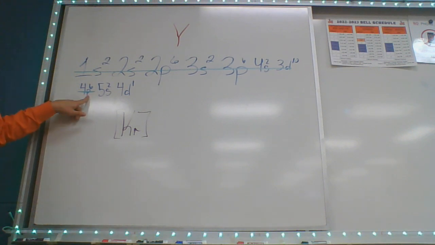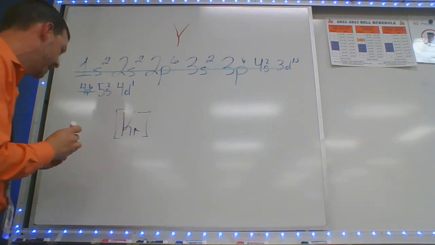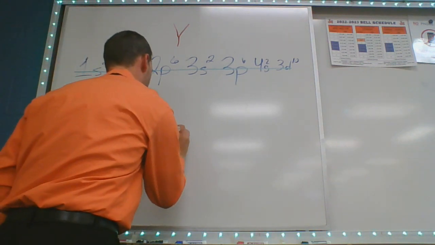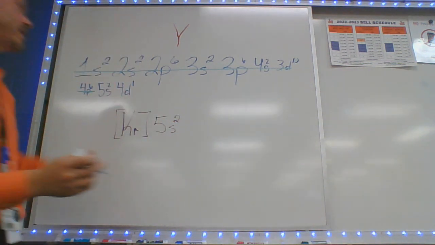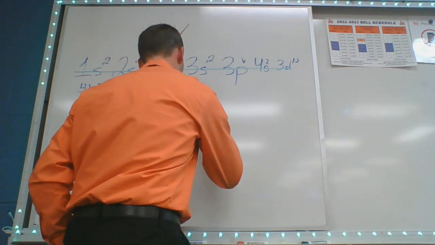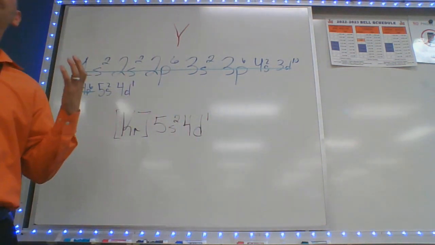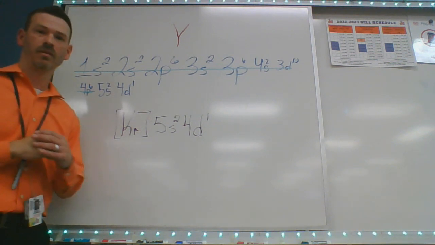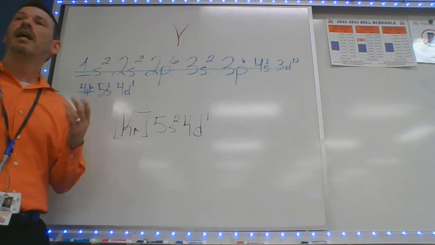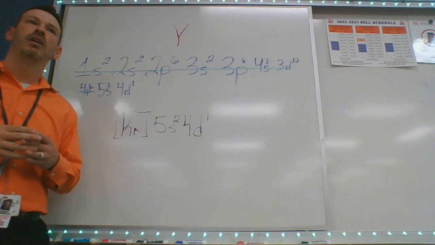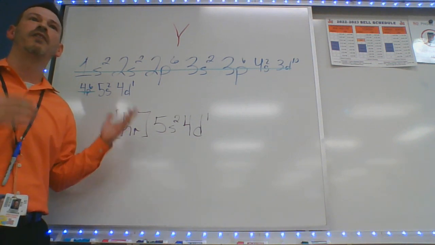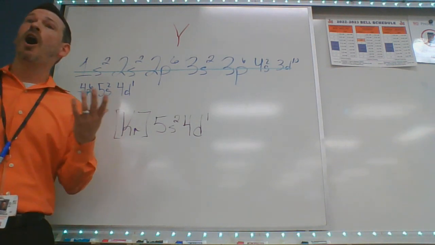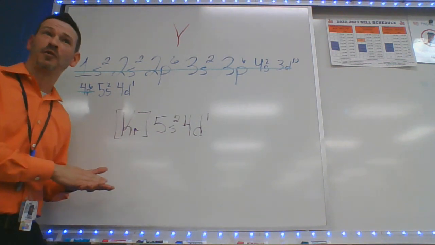You are starting at 4p6, and what comes after 4p6? 5s2, followed by 4d1, and you are done. In purple is the noble gas notation of yttrium. And there should be obvious reasons why this is your new favorite notation, right?